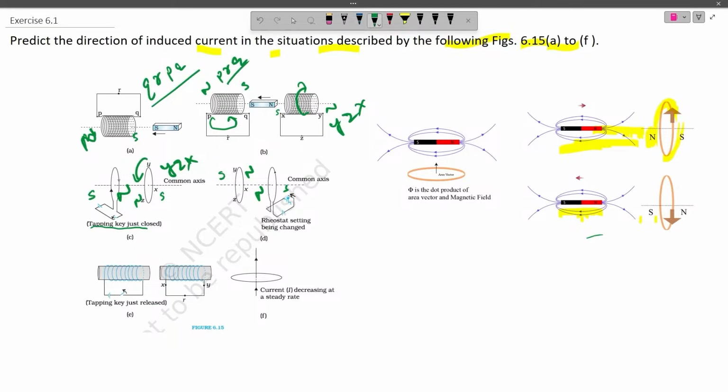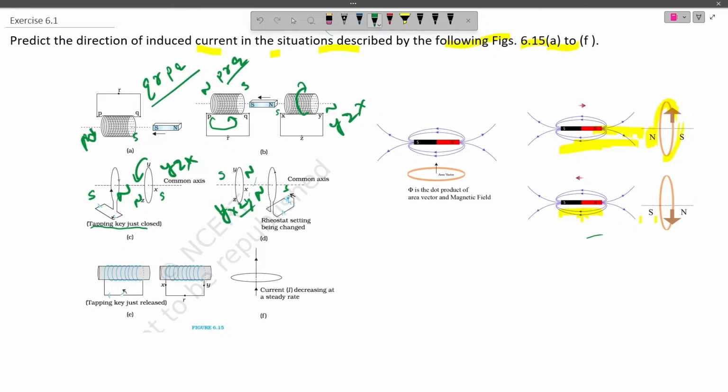Since it is much nearer to us, to create the north pole the current must flow through YXZ, so the direction of current will be YXZ and again Y.